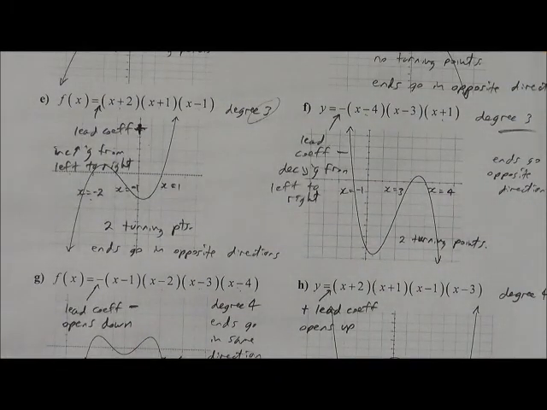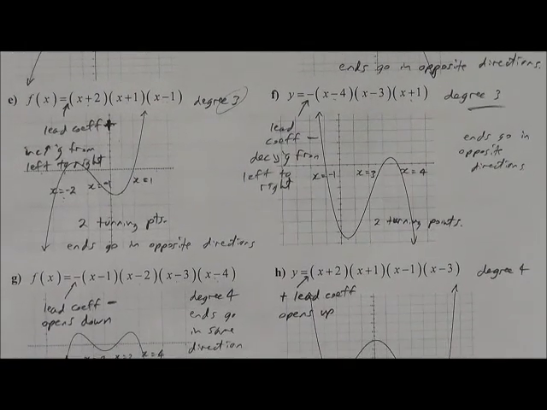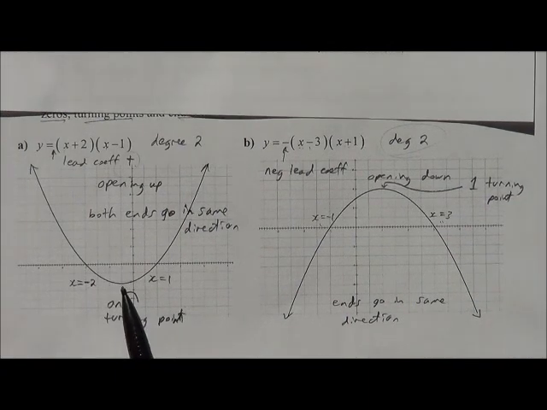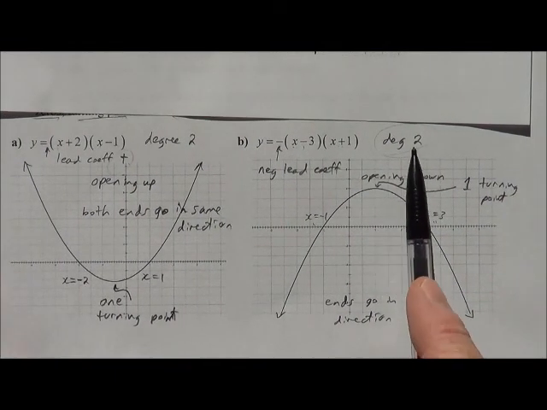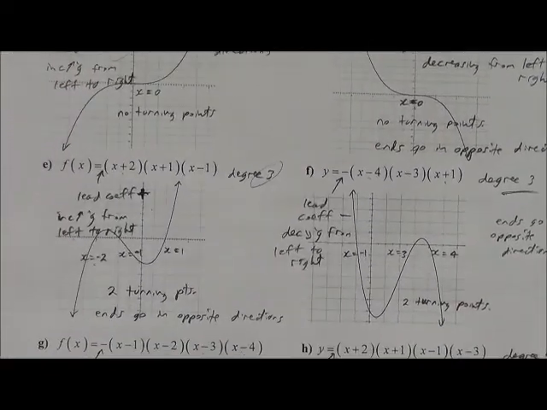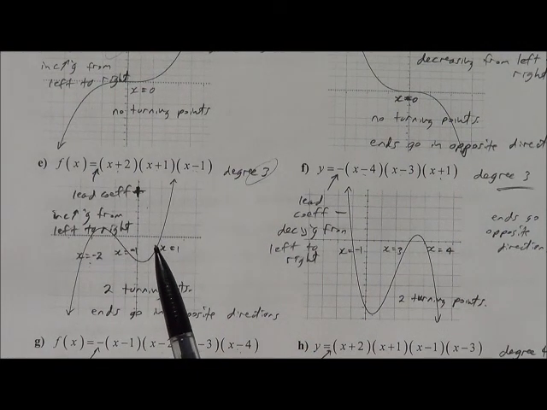And now if we take a look at one other little thing to pay attention to, the turning points. A parabola has 1 turning point, degree 2, 1 turning point. A cubic, degree 3, 1, 2 turning points.